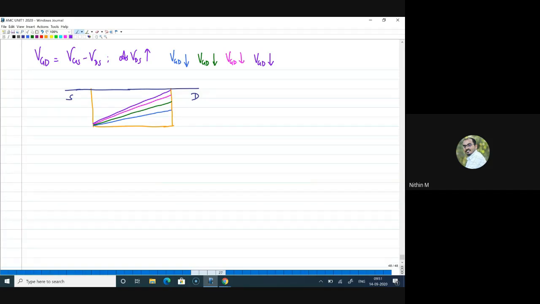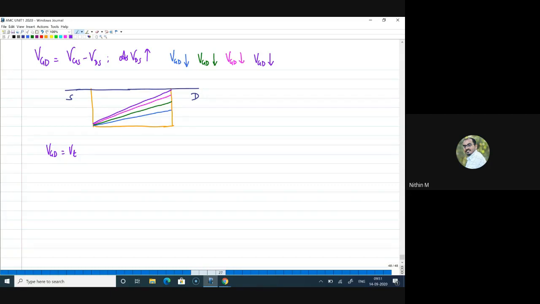Now, how does this affect the operation of the MOSFET? Let me look at this first. If a channel is just present, what will be the VGD here? There is still a channel, a very small channel. If a channel is present at the drain end, I can say that the VGD voltage is at least equal to VT, because VT is the gate voltage that will provide a channel.